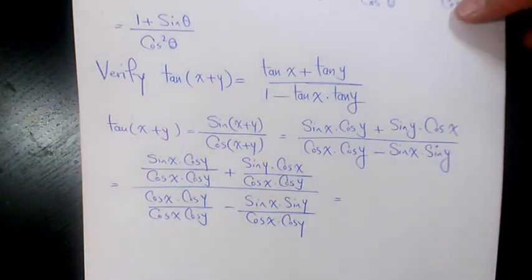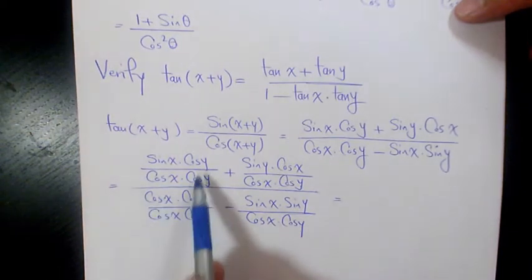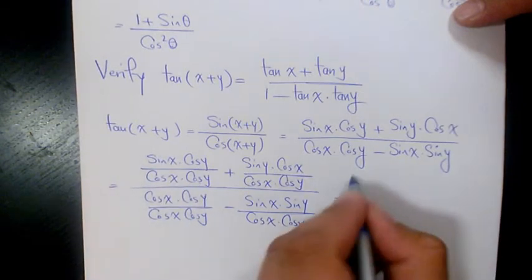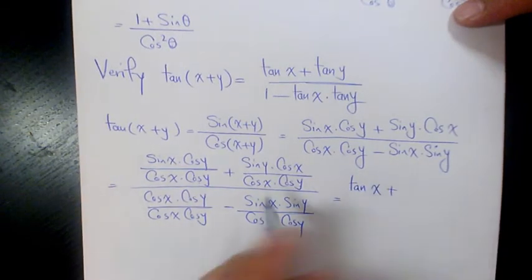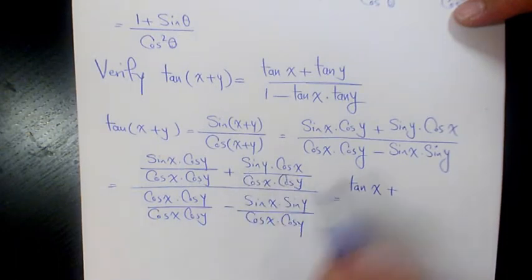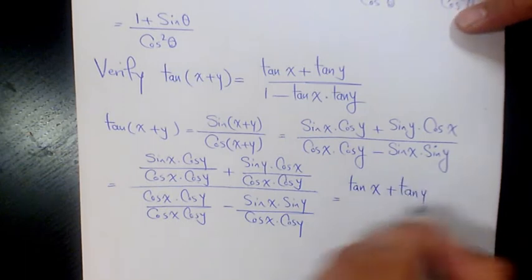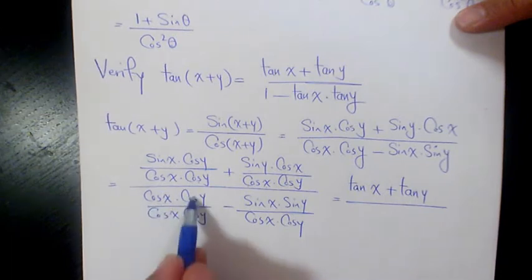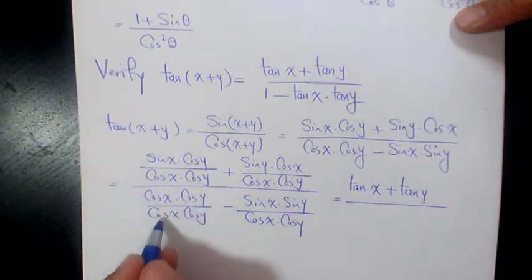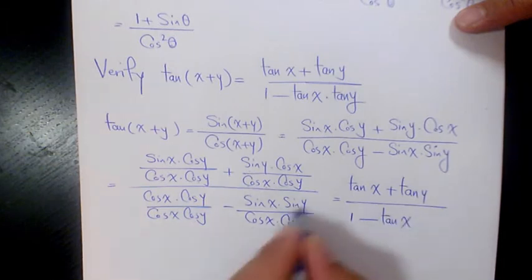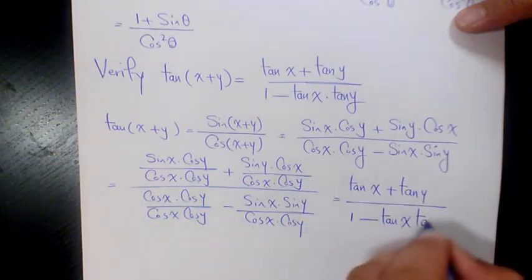Then let's start simplifying it. Here cosine and cosine cancel out. Sine x over cosine x is going to be tan x, plus cosine x and cosine x cancel out here. Sine y over cosine y is going to be tan y. And here we have cosine y and cosine y cancel out. Cosine x divided by cosine x is going to be 1. So 1 minus sine x divided by cosine x is tan x. Sine y over cosine y is going to be tan y.